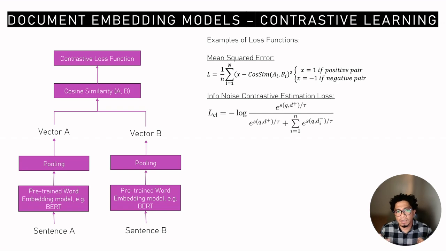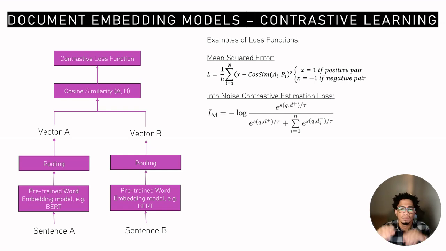It's different words, but they have the same meaning. You enjoyed the day. That is the meaning, right? So it's a positive pair, and ideally you want those two vectors to be very close together, to point in the same direction, and so the cosine similarity of that should be 1, right?